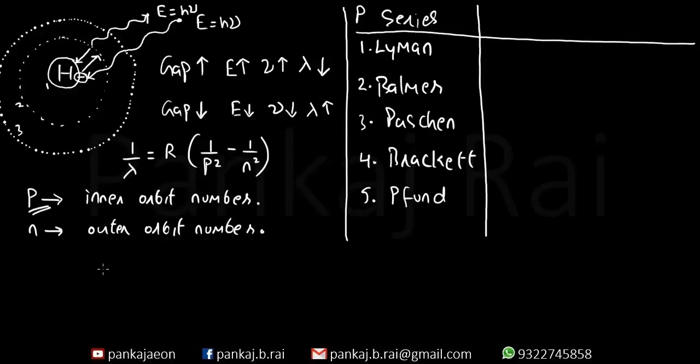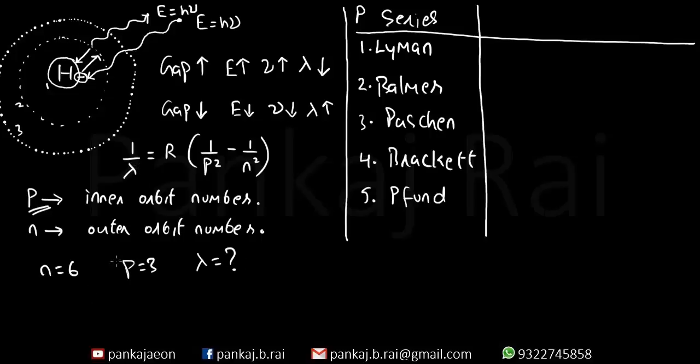Let me give you an example: let's say the electron is moving from higher orbit 6 to a lower orbit 3. So the wavelength which would be emitted would lie in the Paschen series. And how do we calculate the value of that wavelength? It is very simple.